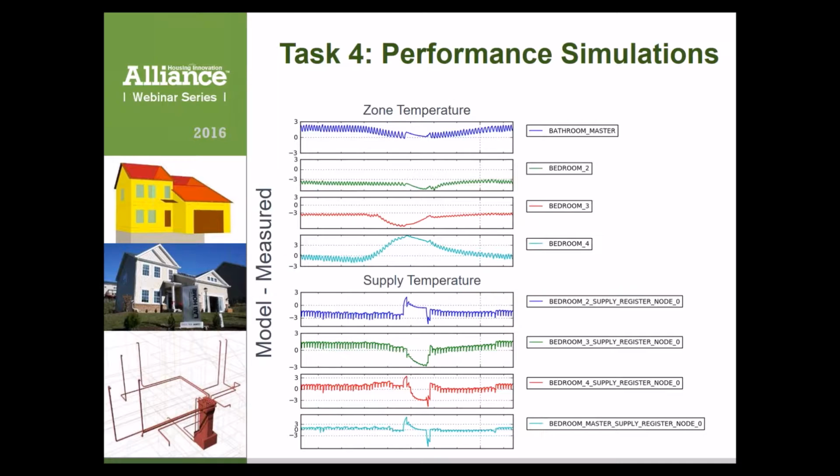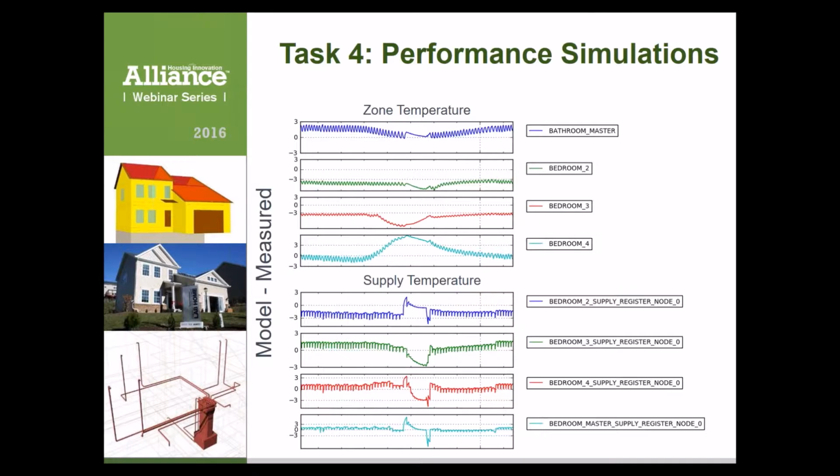The top graph then shows a similar model versus measured comparison, this time for the actual zone air temperature, which has many more factors influencing it, but ultimately that's what we want to be dead on with the model. We built this whole virtual house, virtual ductwork, all of this, and we want to make sure that it's predicting the rooms are at the temperature that we actually saw in the real world.